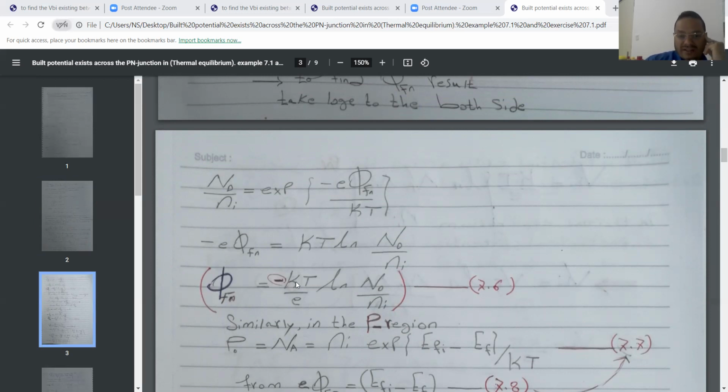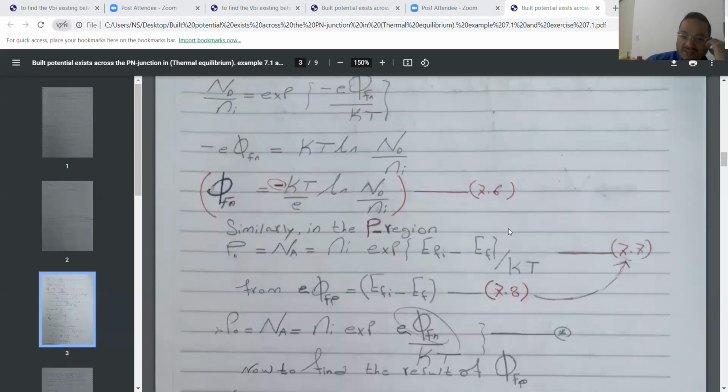The electron potential equals minus Boltzmann constant times temperature divided by e, ln of donor concentration divided by intrinsic carrier concentration. This equation will be 7.6, and we can delete this minus by putting intrinsic carrier concentration above and N_D below.